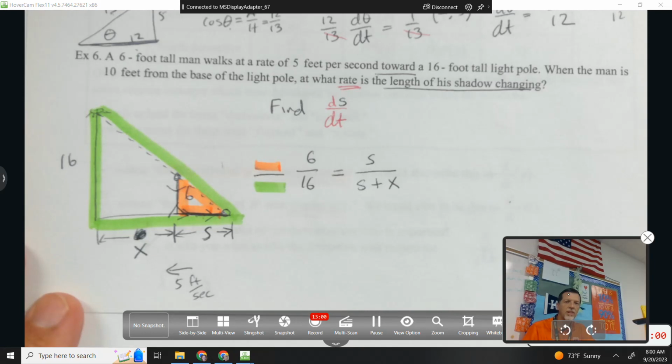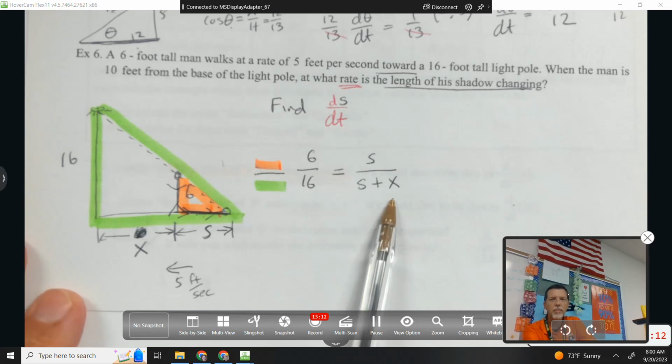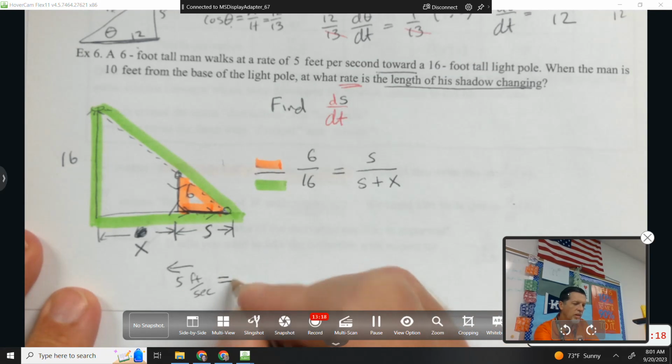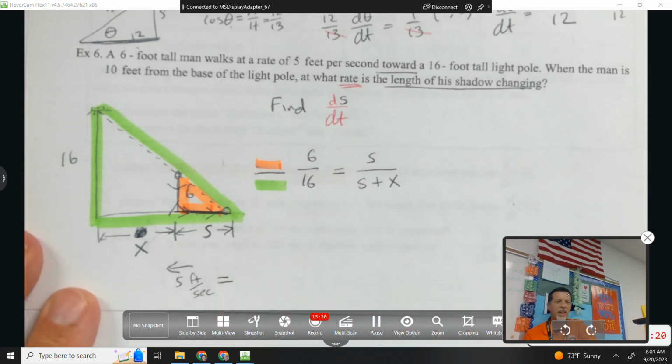Trying to find ds dt. Okay, well ds dt will show up if I take a derivative here. What about x? If I take a derivative, dx dt is going to show up. On a related note, I've got 5 feet per second here. What's changing at 5 feet per second in terms of my picture?